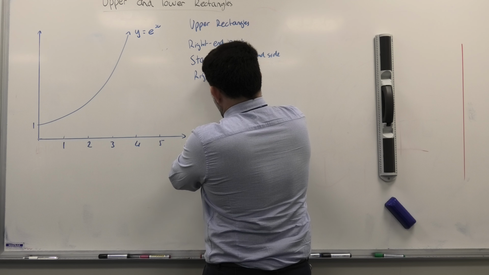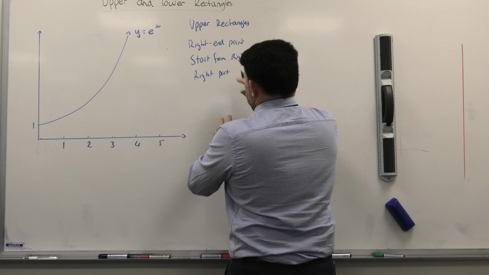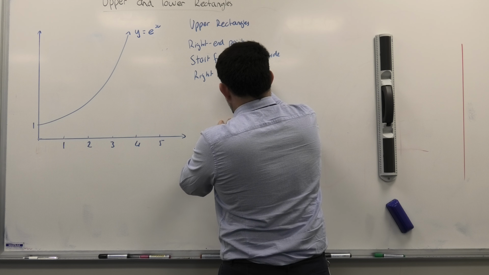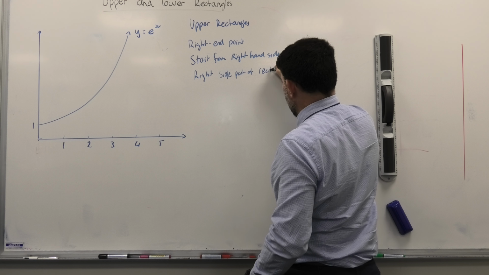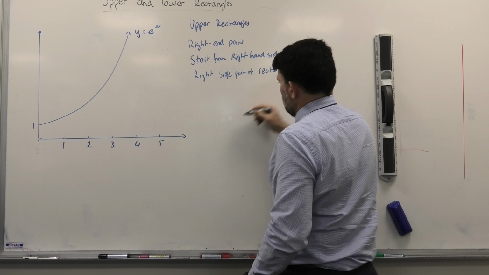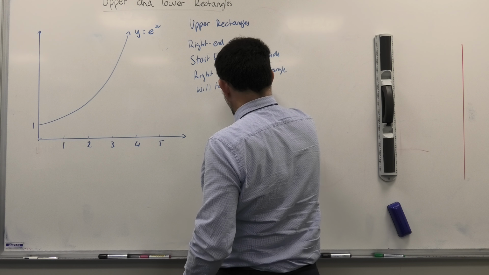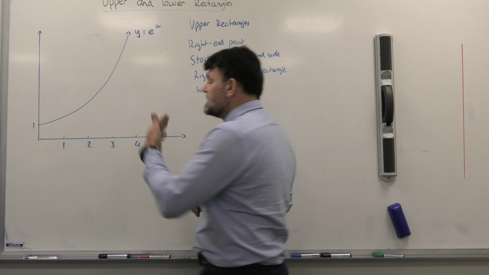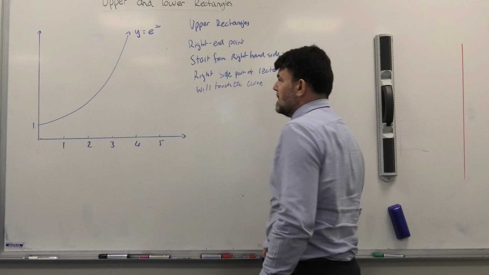So the right side part of the rectangle will touch the curve. So the last one we looked at was left hand. So we started from the left hand side and touched the curve. This time it touched starting from the right.